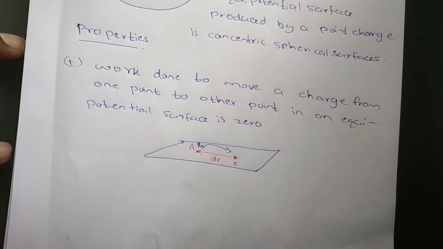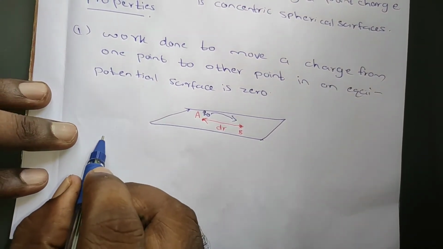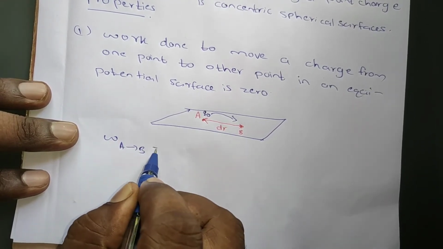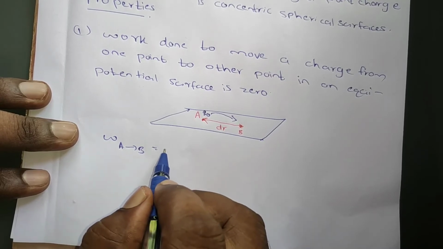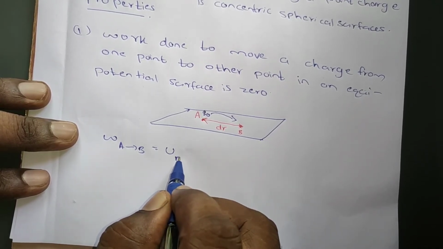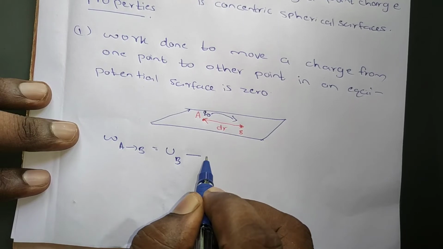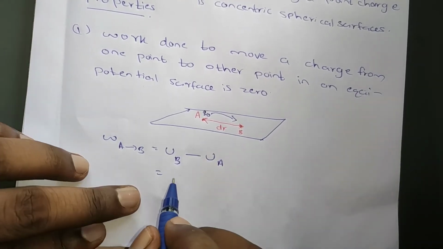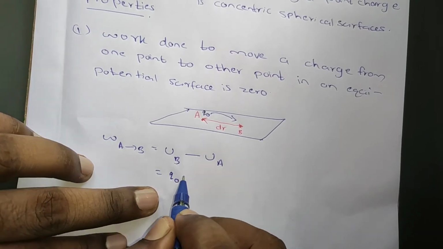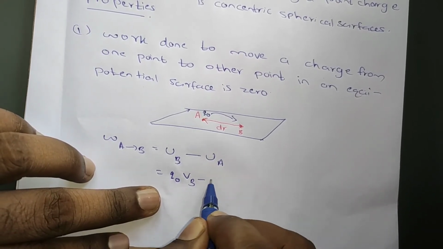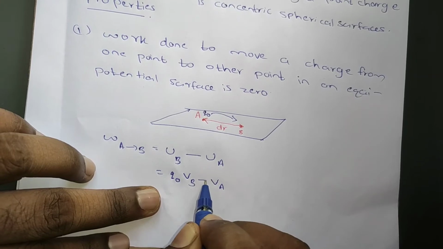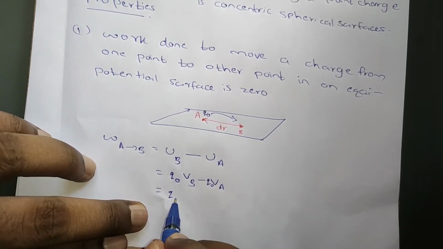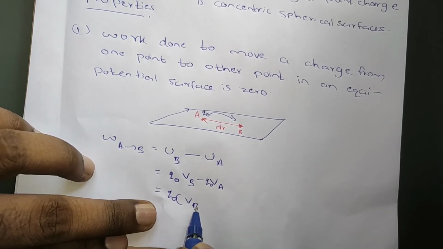So we are going to see the work done to move a charge from one point to another point. The work done is the potential energy at the final position, UB, minus the potential energy at the initial position. This is the potential times the charge: potential at B minus potential at A, times q0. Taking q0 out, it becomes q0 times VB minus VA.